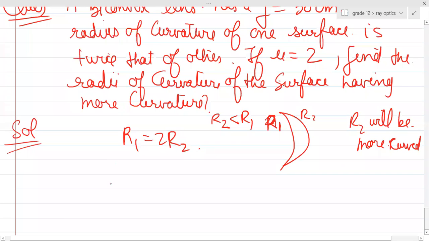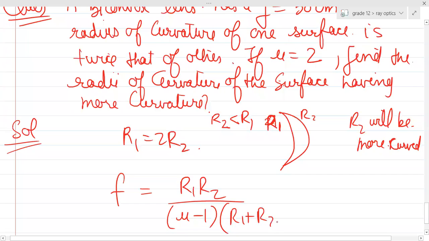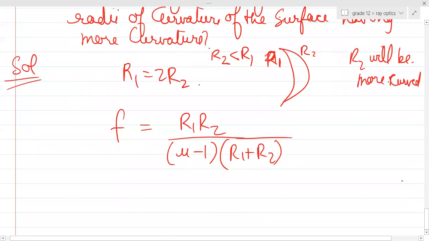So anyways, now we know the focal length of a biconvex lens is given by R1 R2 divided by, since it's a biconvex lens, the radii will be of opposite sign, hence it will be R1 plus R2. If you remember, we just wrote this thing. You just put the value of R1, R2. F is given to you, 50 centimeter.